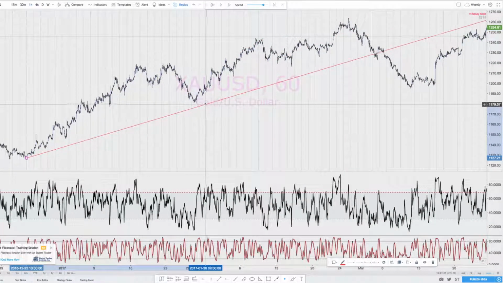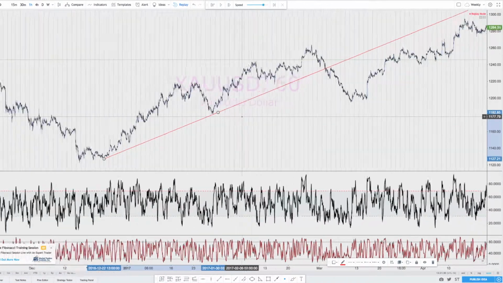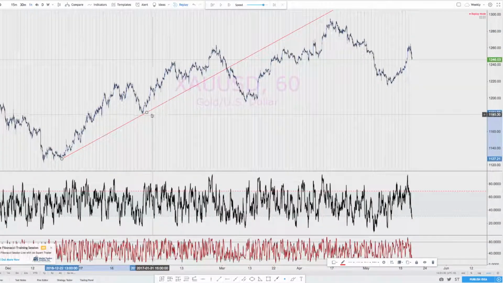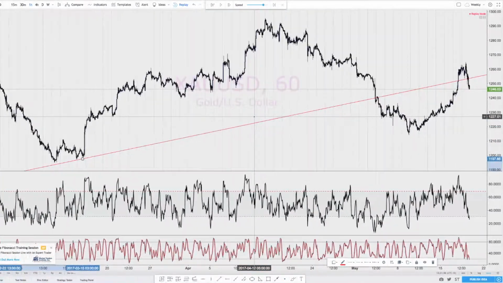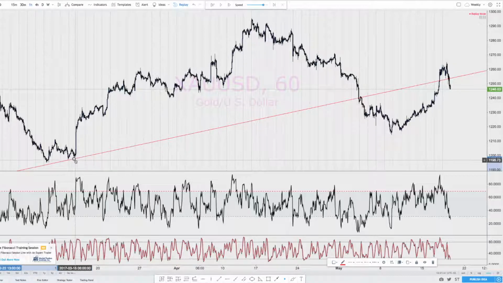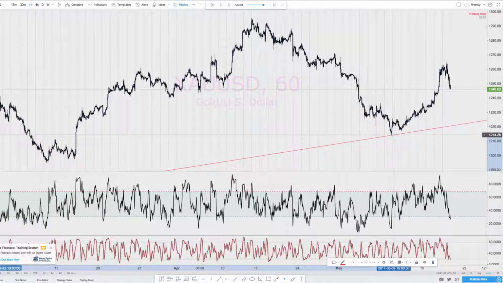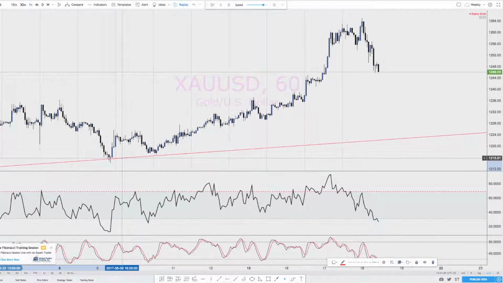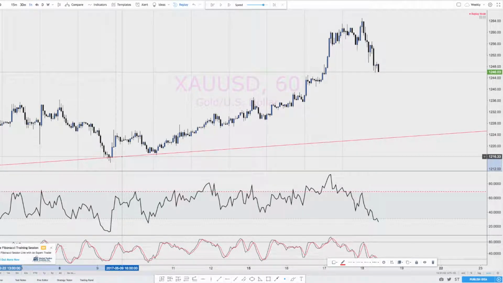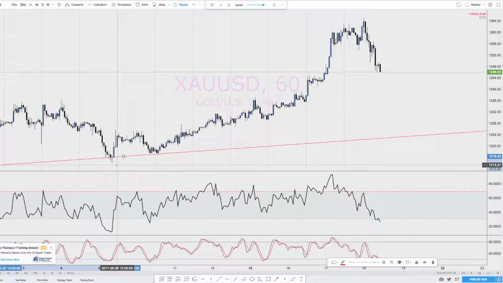Let's go to the next level of structure there, and then we'll keep advancing that to there, and then once more to here. Okay, so I took the very end of the wick of the low way back, and I'm bringing this end of my ray to the body of this structure candle here. So I go from wick to body, or wick to close.